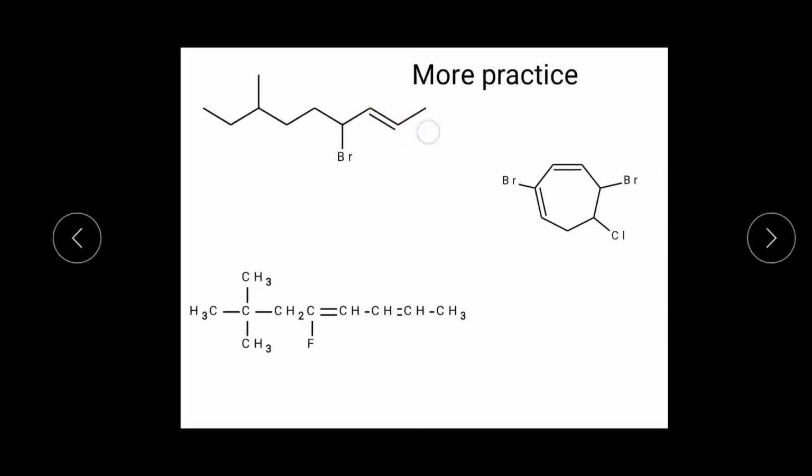So the double bond is our priority now. We will assign numbers by first determining the longest chain. So 1, 2, 3, 4, 5, 6, 7, 8, 9. So 9, this is a non. Since it is a double bond, this is a nonene.